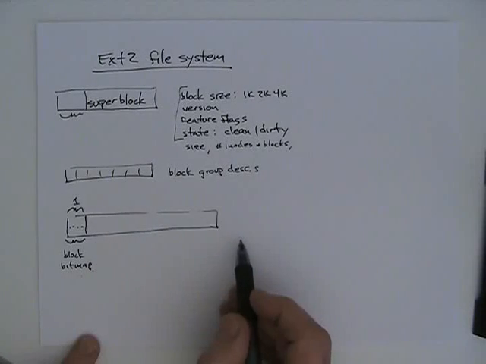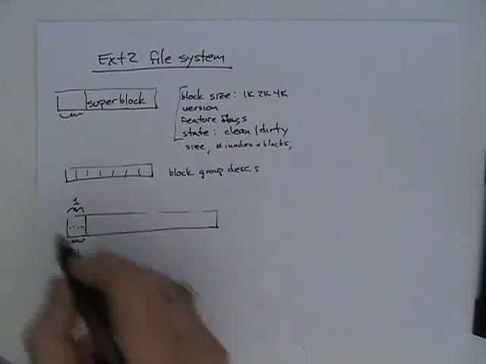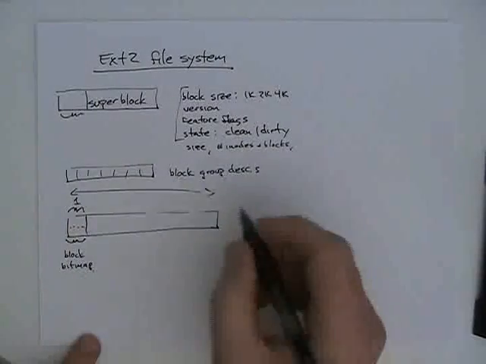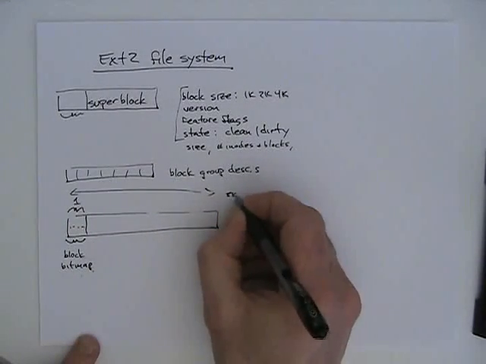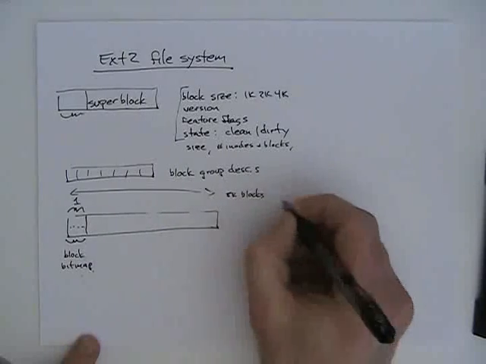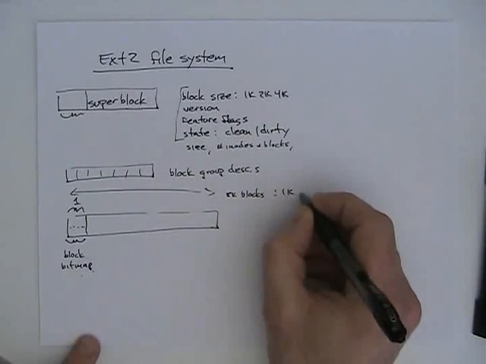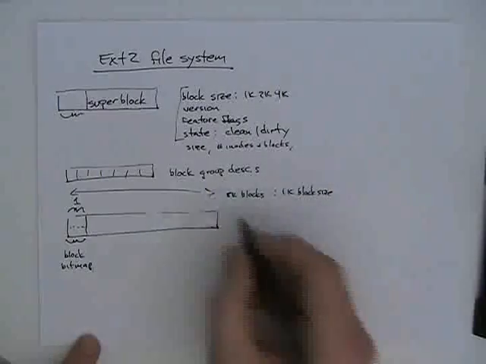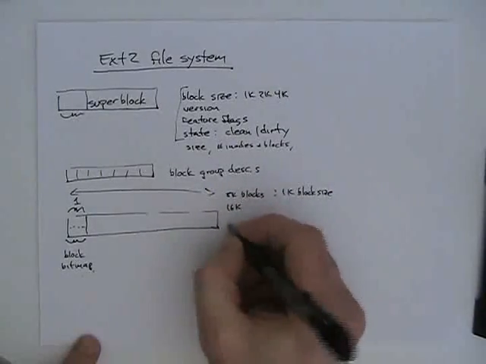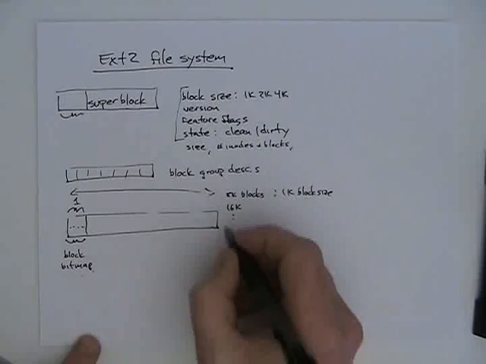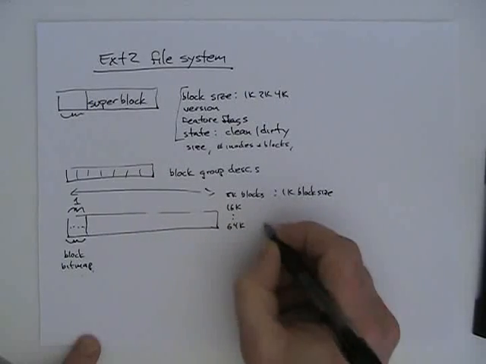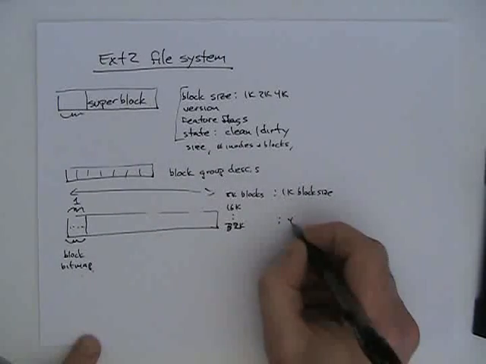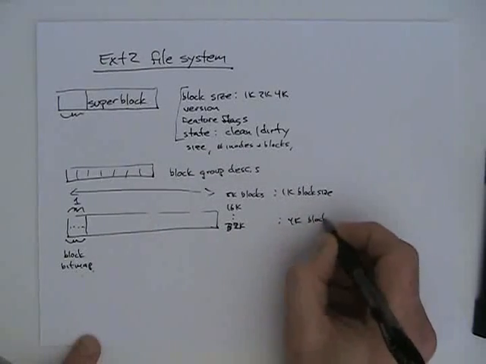So the length of the group is going to be 8K blocks if we have a 1K block size. 8 times 1024, 16K, up through 32K if we have a 4K block size.